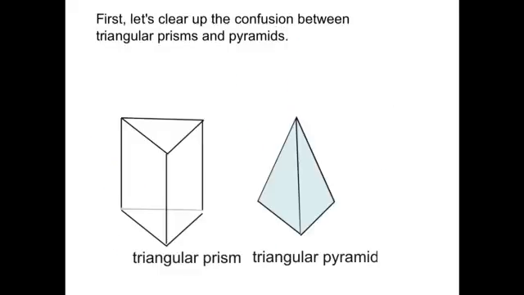Before we move on, let's clear up the confusion between triangular prisms and pyramids. Remember, prisms have two bases. Okay, so here and here, whereas a pyramid only has one base down here.